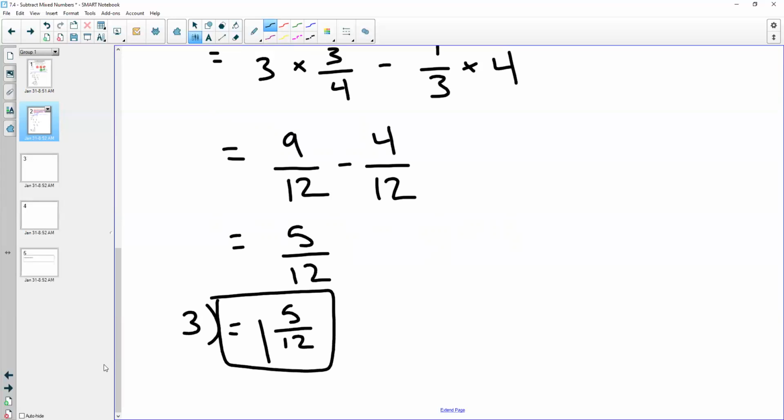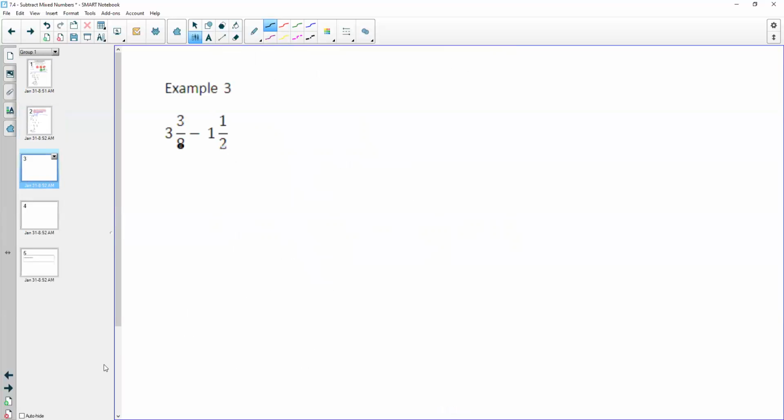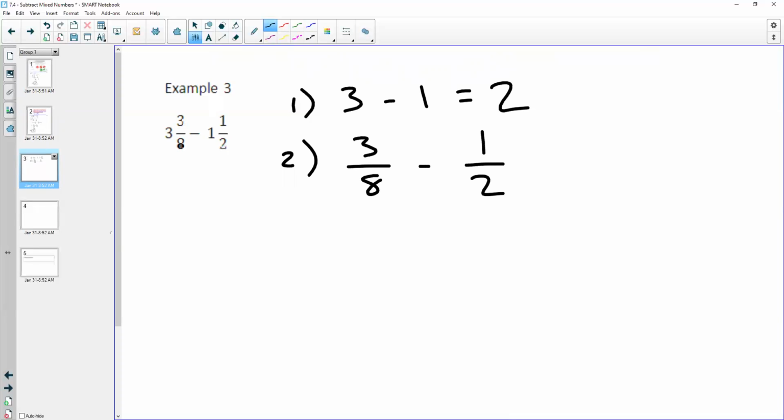Okay, so very similar to adding mixed numbers, but we're just subtracting this time, okay? All right, so for this example here, we have 3 3/8 subtracting 1 1/2. So let's start by subtracting our whole numbers. So 3 subtract 1 is equal to 2, easy enough. Now we will subtract our fractions. So we have 3 over 8 subtract 1 over 2.